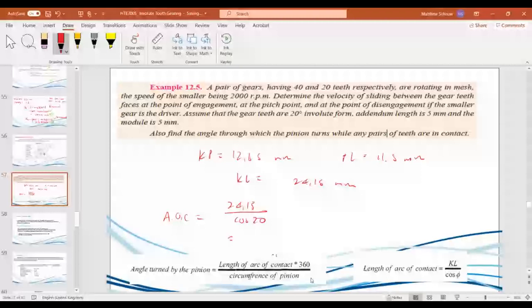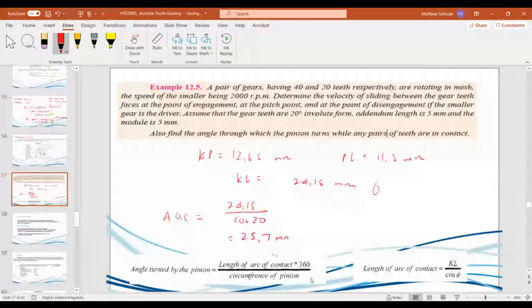All right, so if you want to work out the angle turned by the pinion, let me just call it theta pinion. Maybe it's a bit messy now, so I'll probably just duplicate and take that all away.